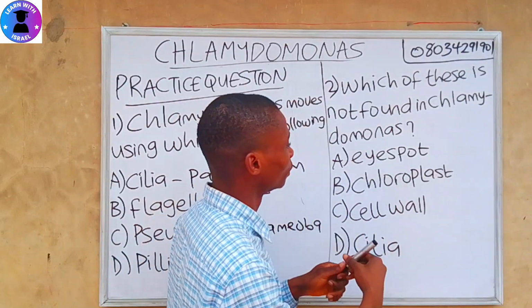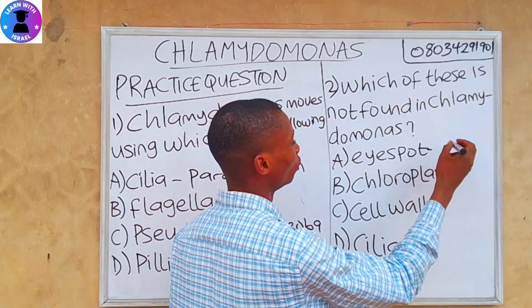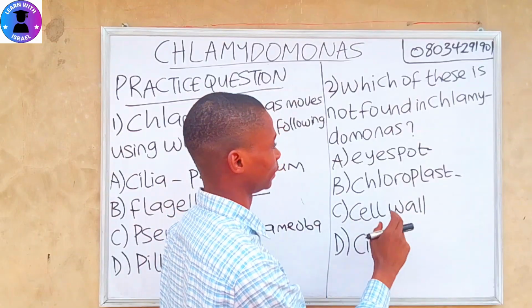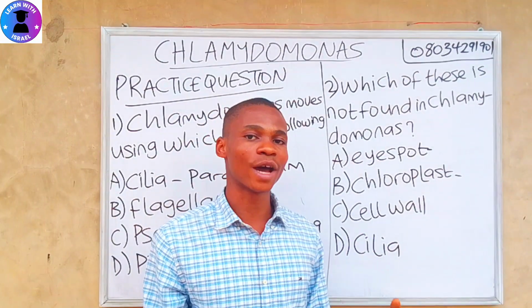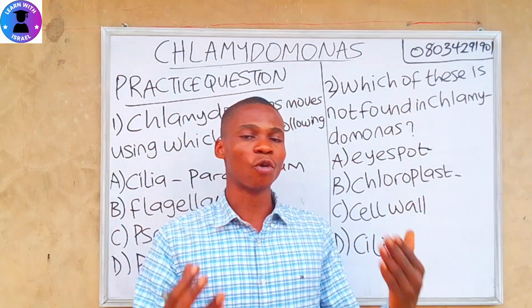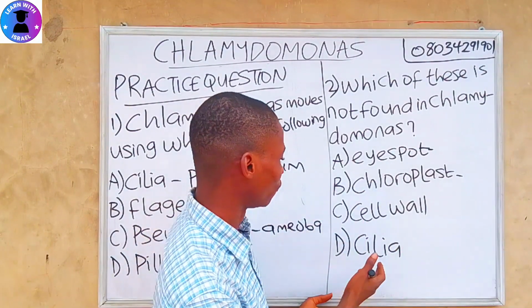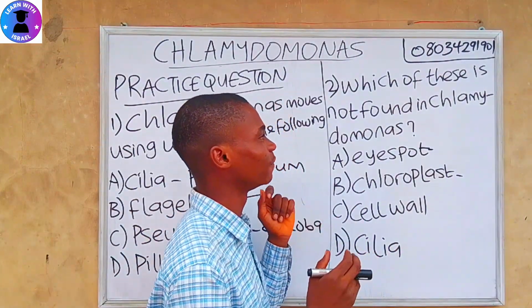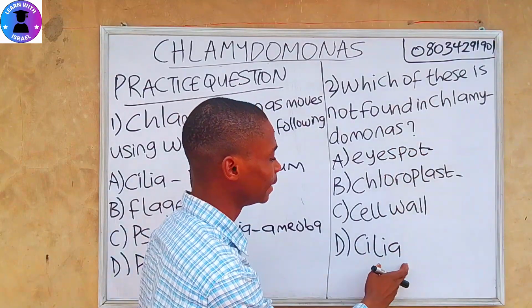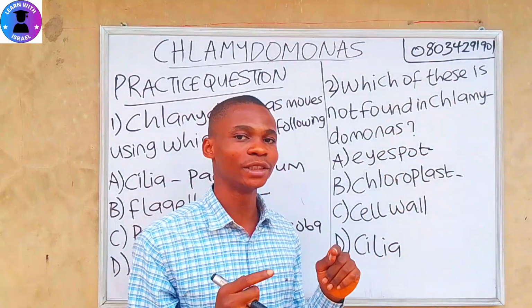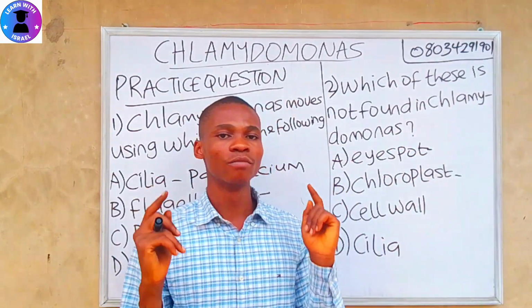Chloroplast can also be found. Cell wall, yes. Cell wall is also found, which is used to provide structure and shape for Chlamydomonas. And cilia cannot be found in Chlamydomonas. Cilia is found in paramecium, which is used for movement.